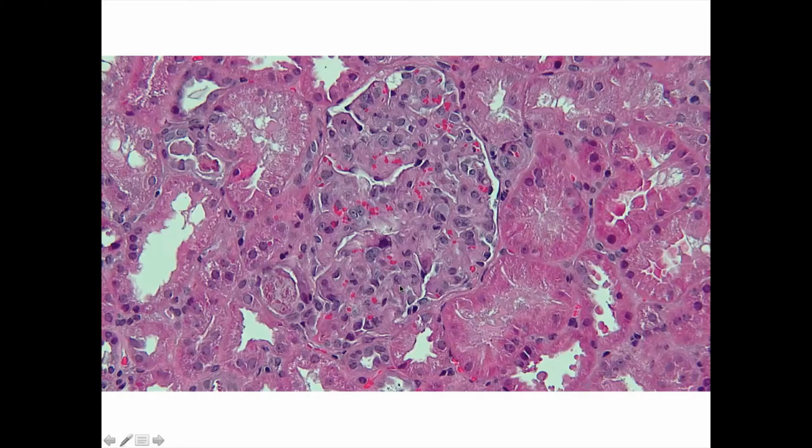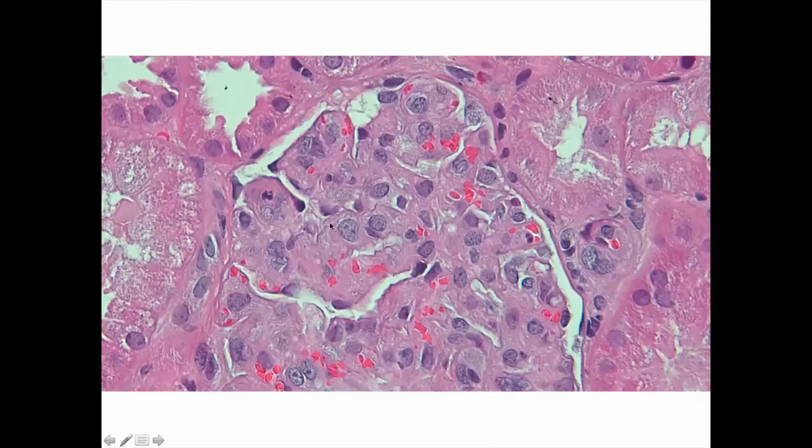And all of these red blood cells, right? Okay, and this is when we talk about mesangiolysis, guys, this is what we're talking about. In the mesangium, it looks like it's breaking down. This is mesangiolysis. The mesangium is breaking down, and we have these red blood cells within the mesangium.